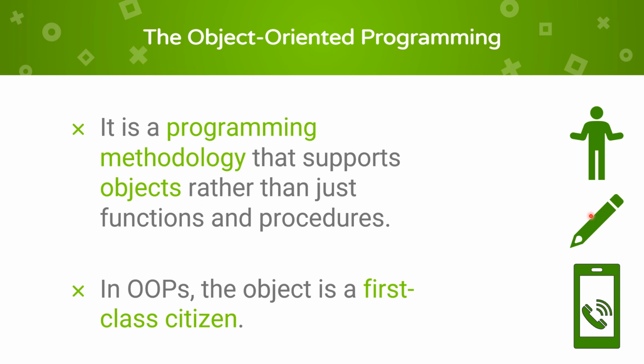Same thing for objects, like the pencil has its own identity like Nataraj pencil and the color of that pencil, and state like whether it is a new or used pencil. Same for the cell phone as well. So in the object-oriented programming world, an object is everything that has its own state, identity and behavior.